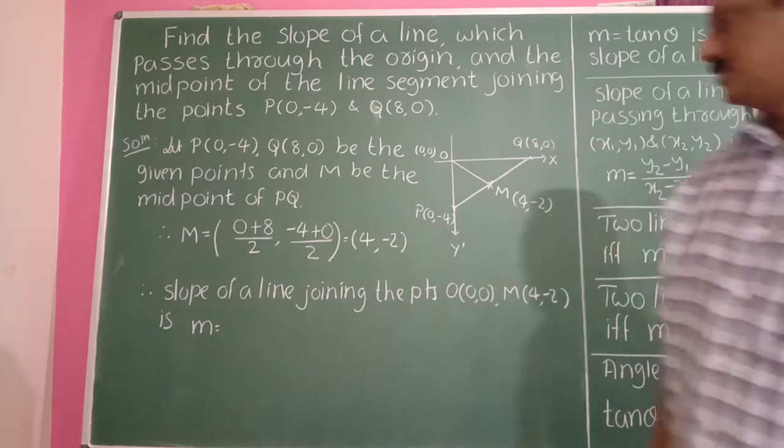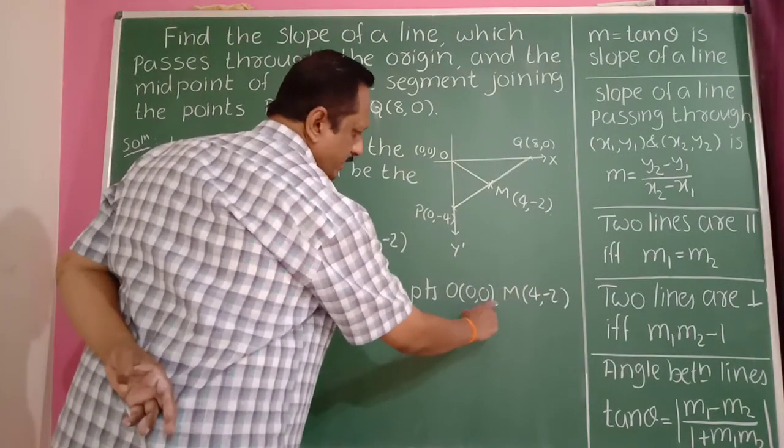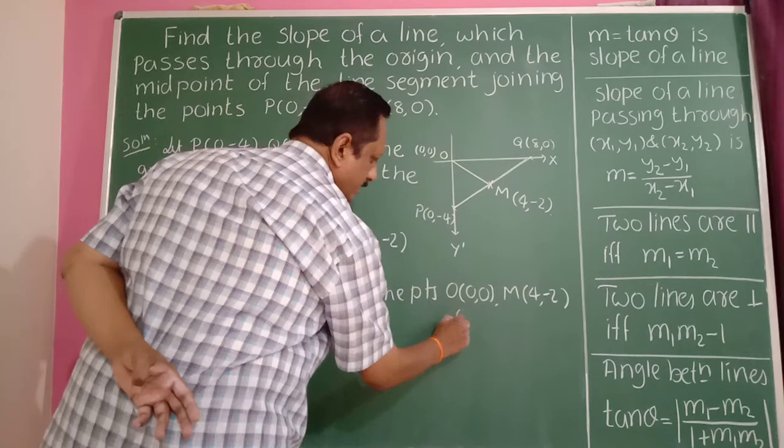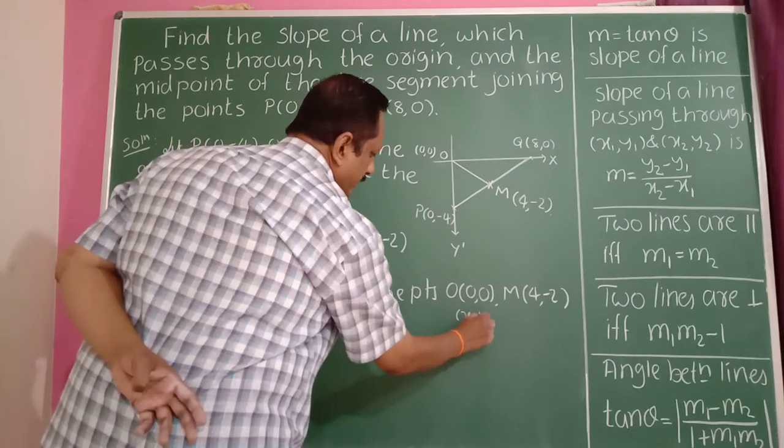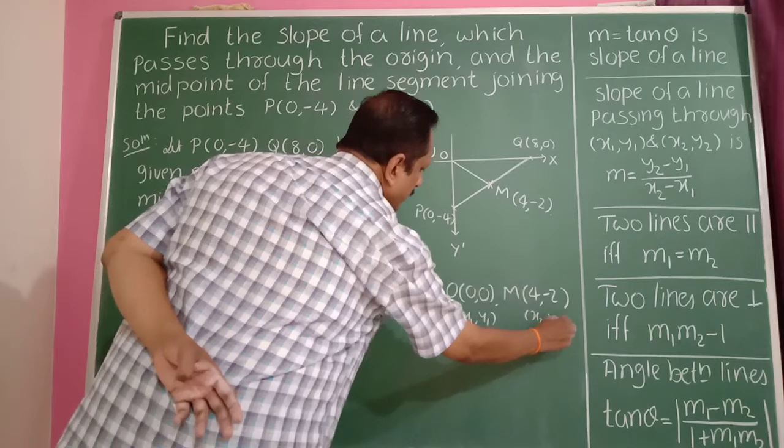This is the formula. So here consider this one as x1 y1 and this is x2 y2 here. Okay, this point is x1 y1 and this point is x2 y2 here.